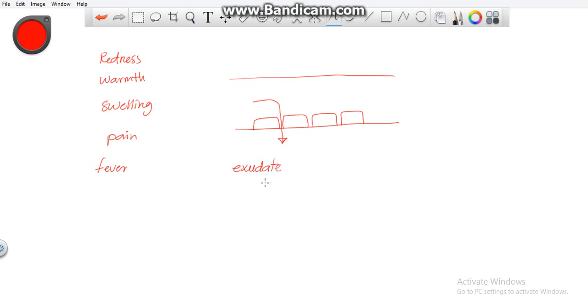Okay? So, now this exudate occurs only when we have programmed increased vascular permeability. Because if we only have some kind of an oncotic pressure right here, or a pressure that builds up and basically pushes the fluid out, this is going to be called a transudate.